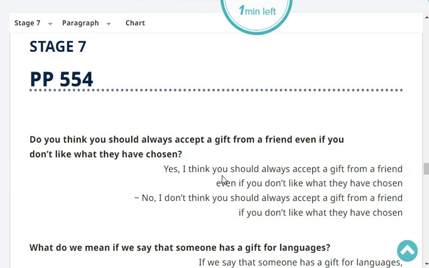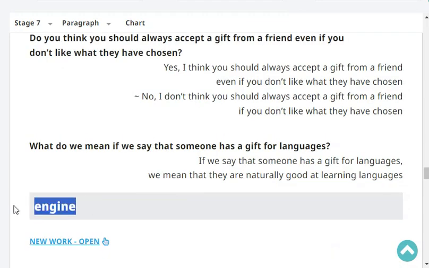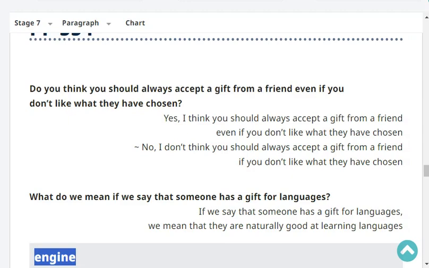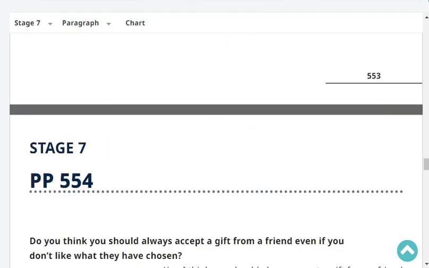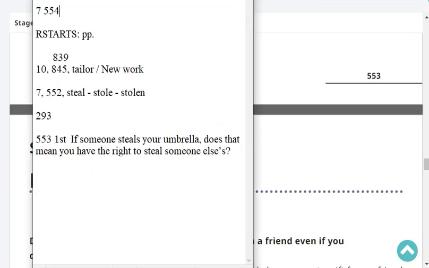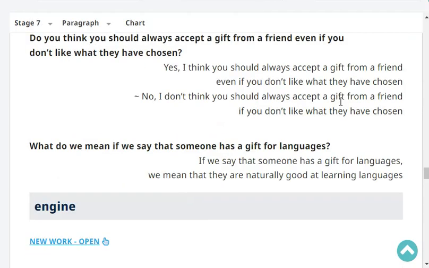What do we mean if we say that someone has a gift for languages? If we say that someone has a gift for languages, we mean that they are naturally good at learning languages.